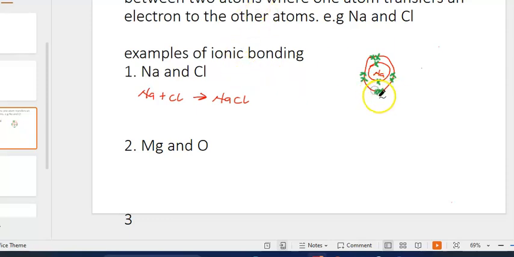Then we are going to draw another last shell, which is going to give us 1 electron. When you count the electrons, we have 1, 2, 3, 4, 5, 6, 7, 8, 9, 10, 11. Then this sodium is reacting with chlorine.